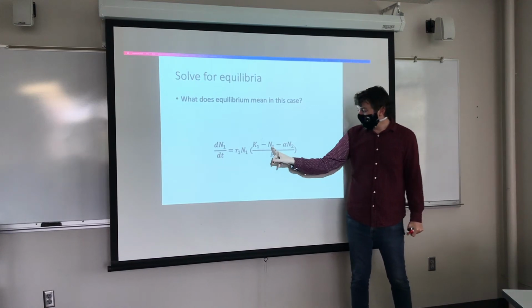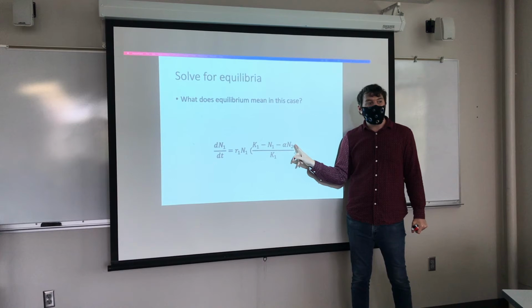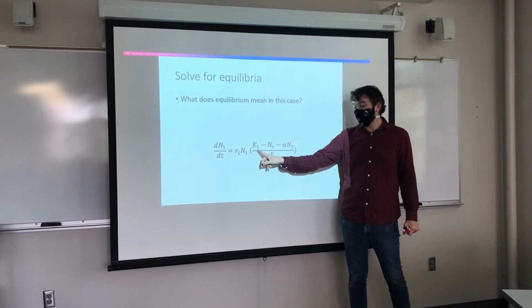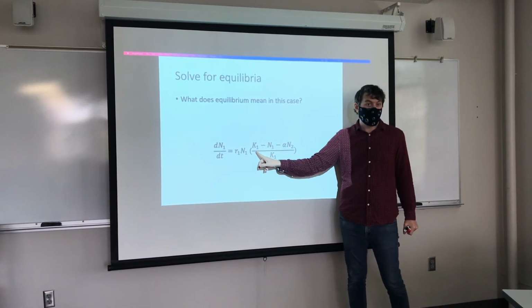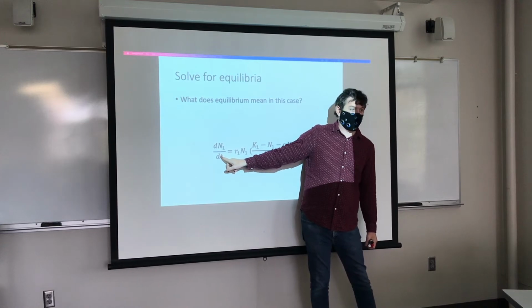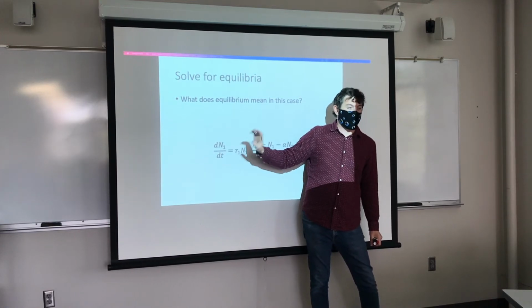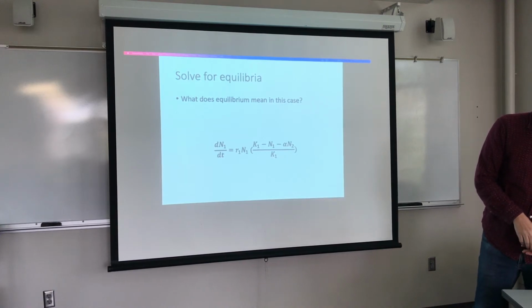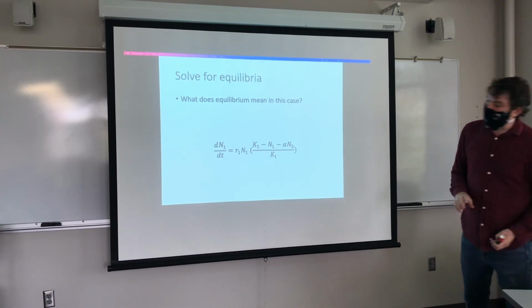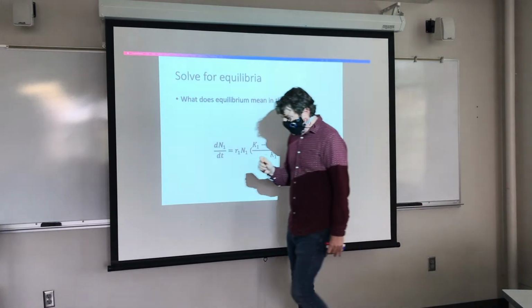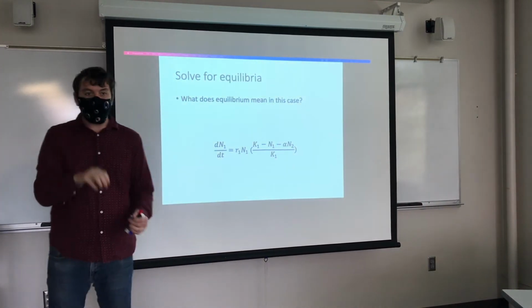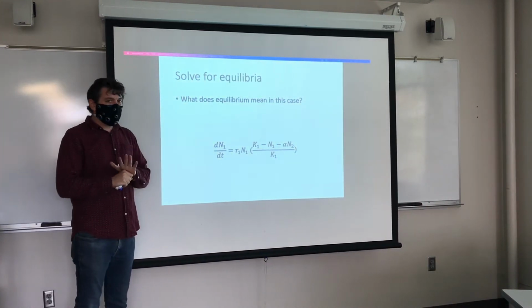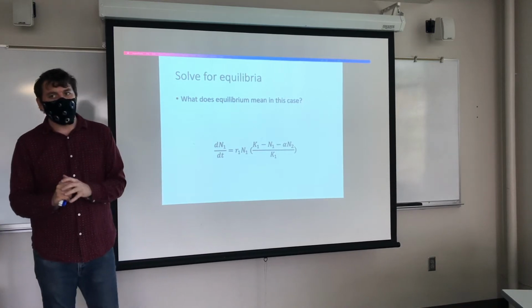So any combination of n1 and alpha n2 that sums to K will render this 0. Keep that in the back of your mind. And we're going to solve for equilibrium. We're going to solve for 2 cases of equilibrium. Anyone tell me before we jump into that, what do I mean by equilibrium here, probably?